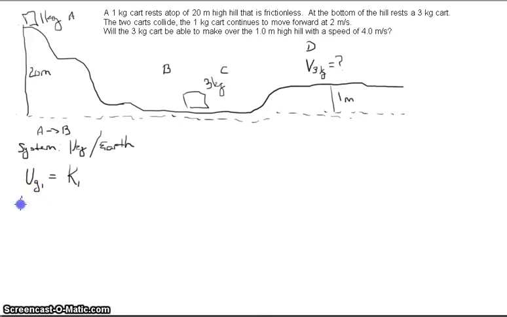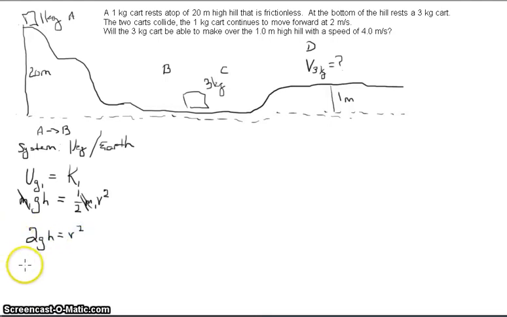So we have the mass of the 1 kilogram cart times the gravitational field constant times the height of the hill is equal to 1/2 the mass of the 1 kilogram cart times the speed at B squared. So masses will divide out. We can multiply through by 2, so we get 2gh is equal to v squared.